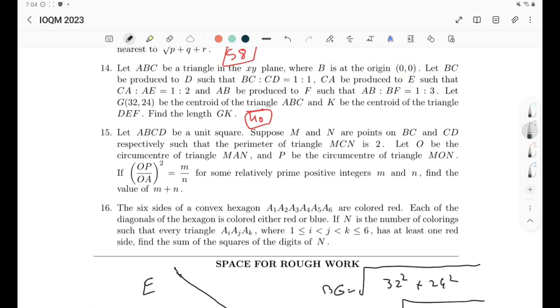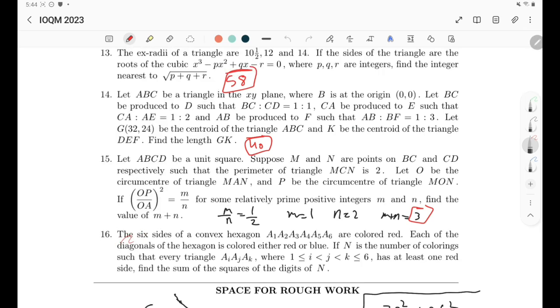They told us that this thing, which is 1 over root 2, if you square it, it's 1 over 2. So m over n is 1 over 2. They want us to find m plus n. Of course they are relatively prime, so m is 1 and n is 2, and thus m plus n is just 3, and we should be done.